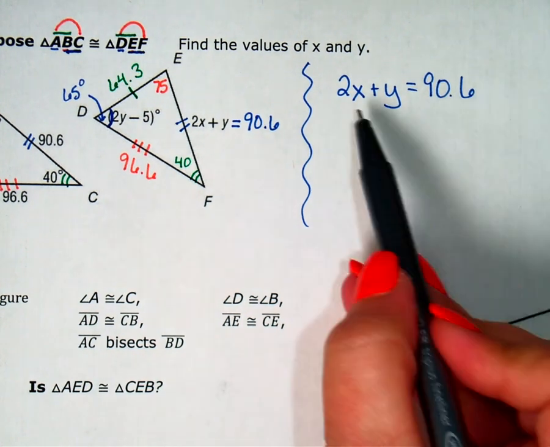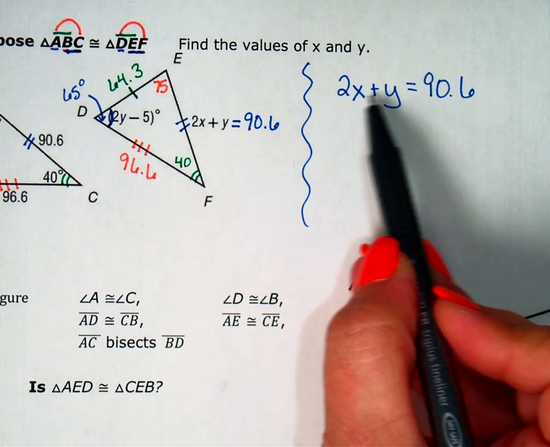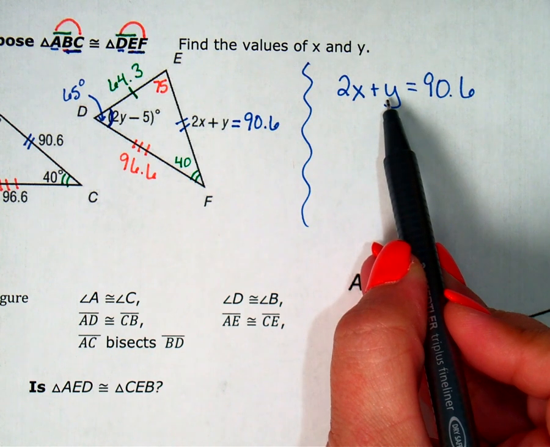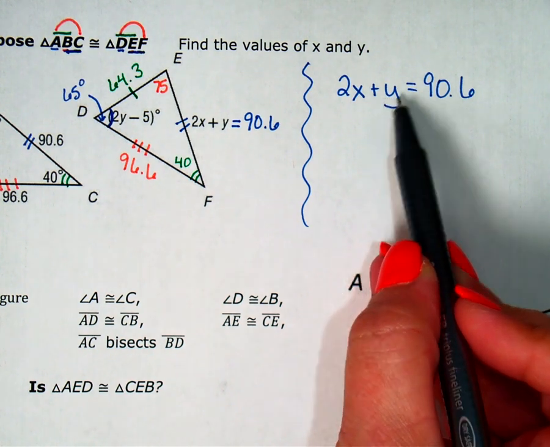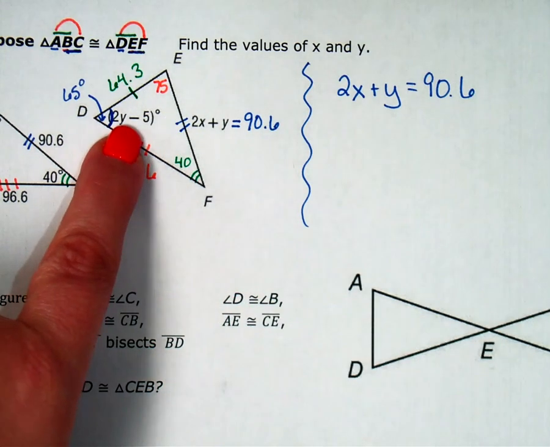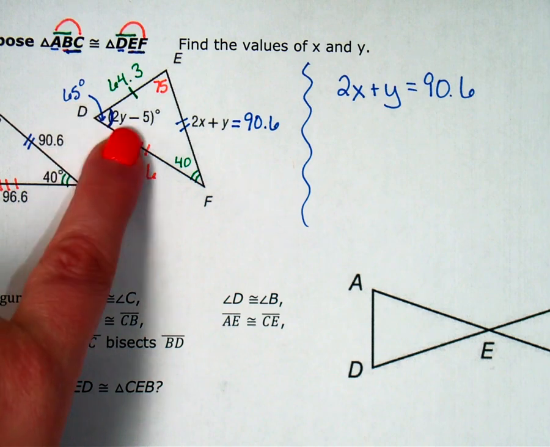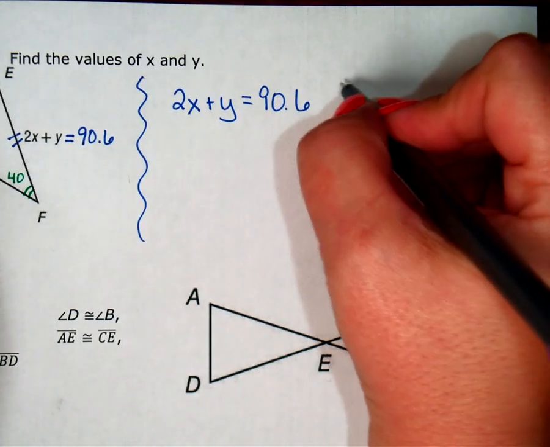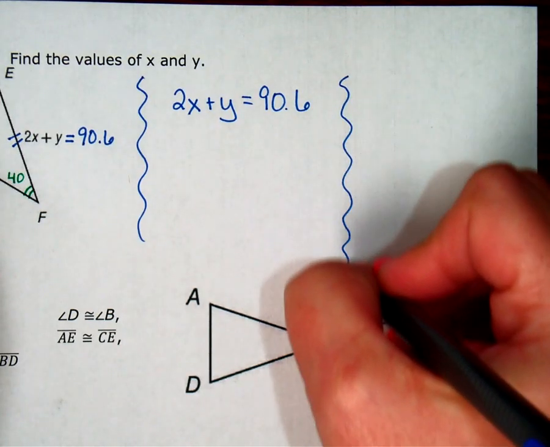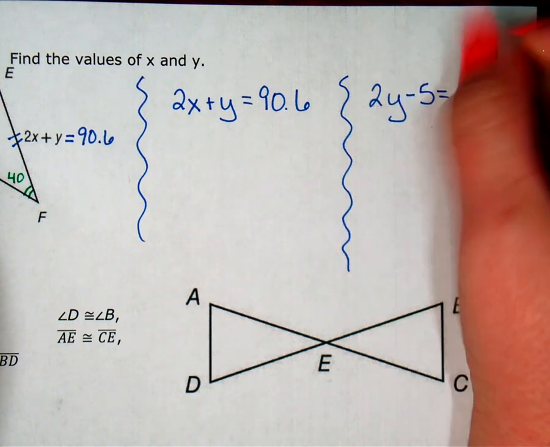When I try to solve this for X, I'm still going to have a Y in my expression. So since I have two variables, I can't solve this one yet. So let me see where else I see a variable. I also have one right here, 2y minus 5, and we know this angle equals 65 degrees. So 2y minus 5 equals 65 degrees.